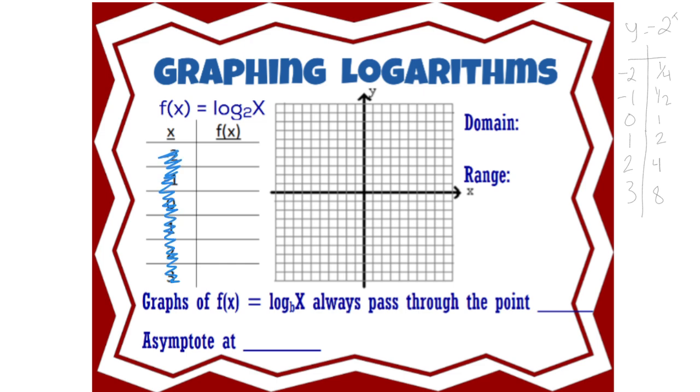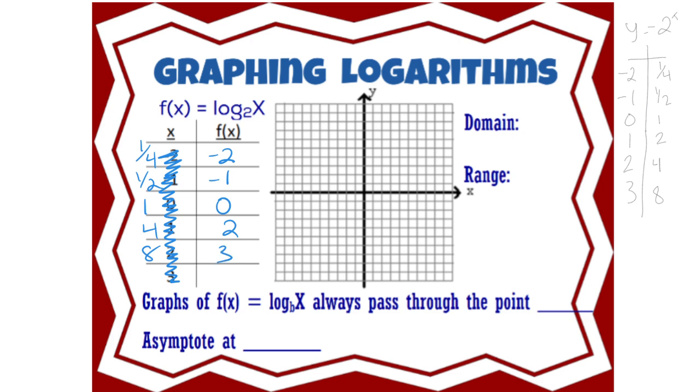I shouldn't have even put anything there, because what I'm going to do now is take this table we do for the exponential with a base 2, and flip-flop the x's and y's to do the log function with a base 2. So the negative 2, 1/4, is now going to be a 1/4, negative 2. And then a 1/2, negative 1, a 1, 0, a 4, 2, and an 8, 3.